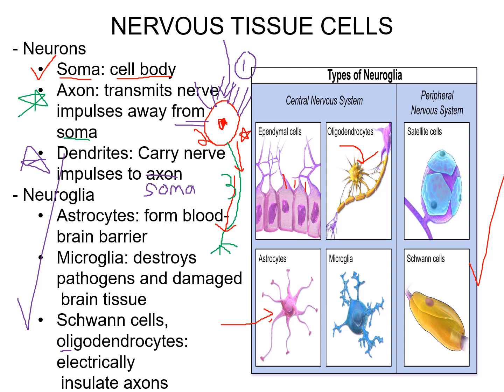And so anyway, I'm not going to describe all of them to you, but all those different shapes and sizes, once again, are going to mean different functions. So once we get to chapter 12 and 13, we'll talk about each and every one of these and how they protect the neuron. But for right now, all you need to know is the neuroglia protect the neuron. Make sure that they're happy and healthy.